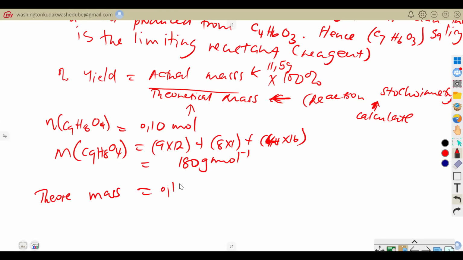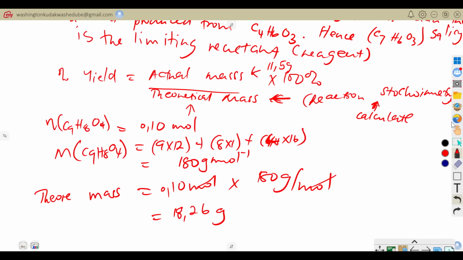So you are saying 0.10 mole times 180 grams per mole. These ones will cancel out, and you'll be left with your units in grams. So the total mass that you were supposed to find there was supposed to be equal to 18 grams. After that, we now say 11.5 divided by 18 times 100.